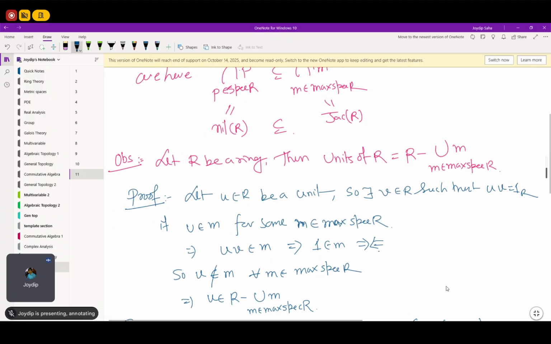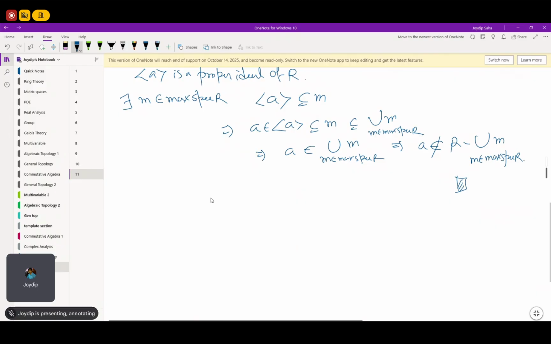So if R is a local ring, definition, what is a local ring? It has only one maximal ideal.